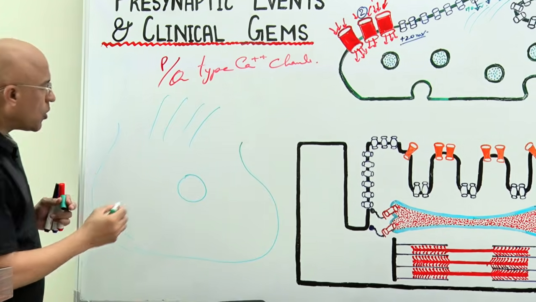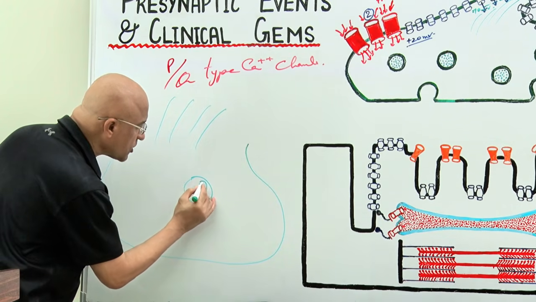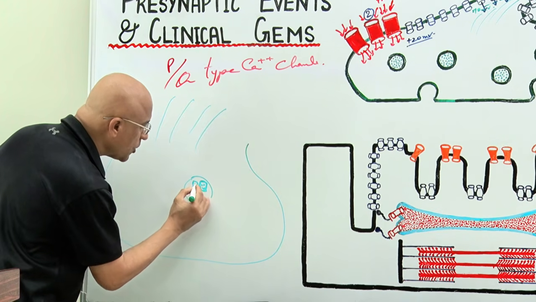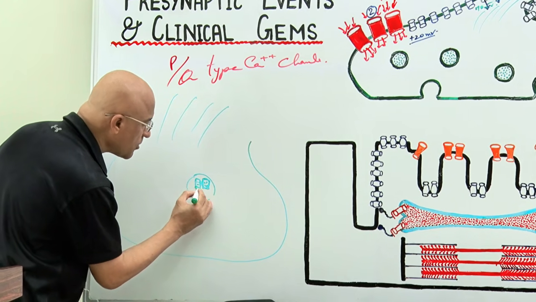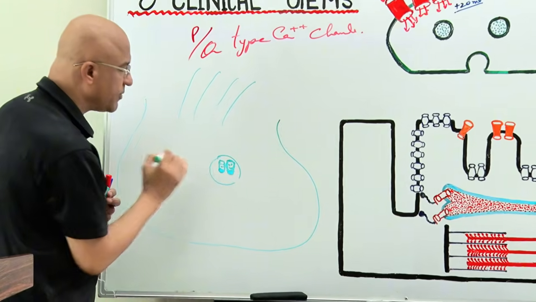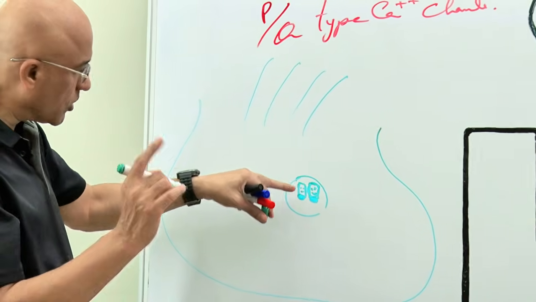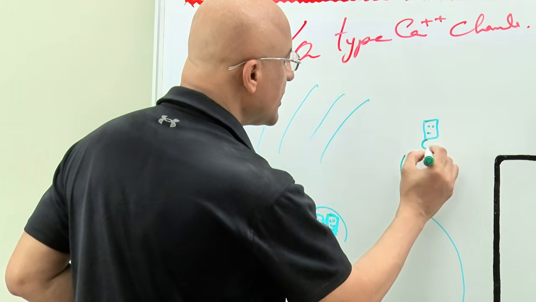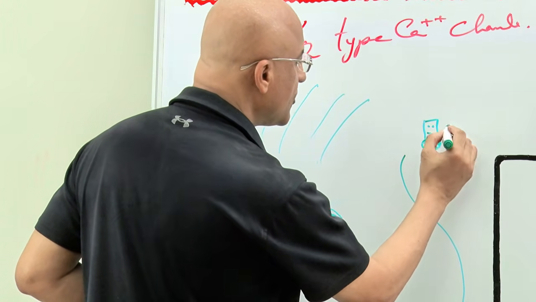Now, how does acetylcholine come here? First of all, remember acetylcholine has two components. One component is choline, and the other component is acetate.